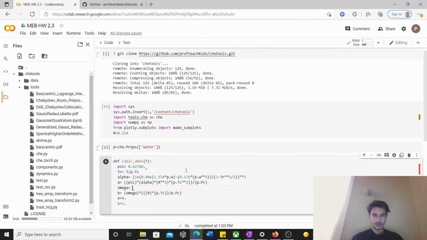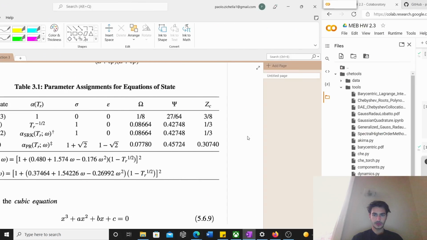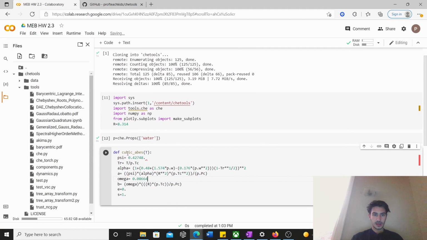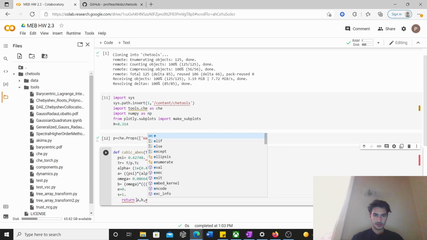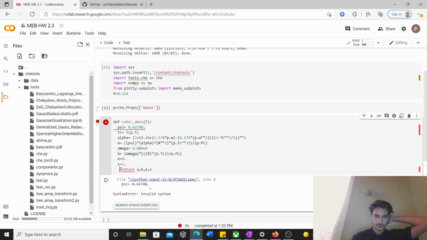So let's put that in. Now we have all of our values given, and we simply have to say we want to return A, B, epsilon, sigma values, and we push it in with shift enter.